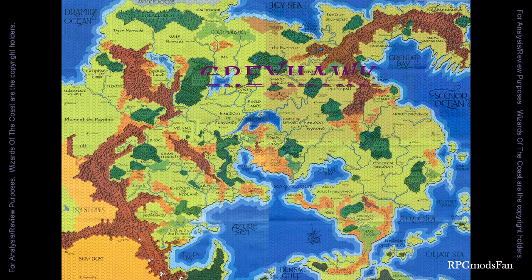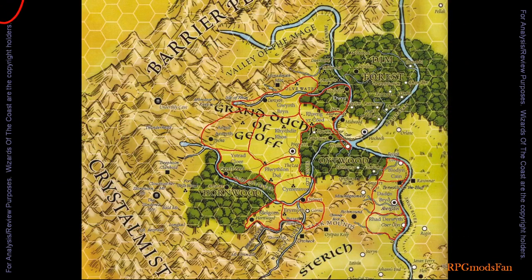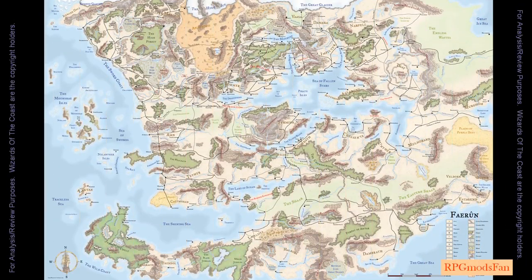This module takes place on the fantasy world of Greyhawk, in the mountains known as the Barrier Peaks. Specifically, in the Barrier Peaks northwest of Hornwood in the Grand Duchy of Gygax. Since there are a number of mountain ranges in the Forgotten Realms, the Dungeon Master has a number of choices of where to place this module.